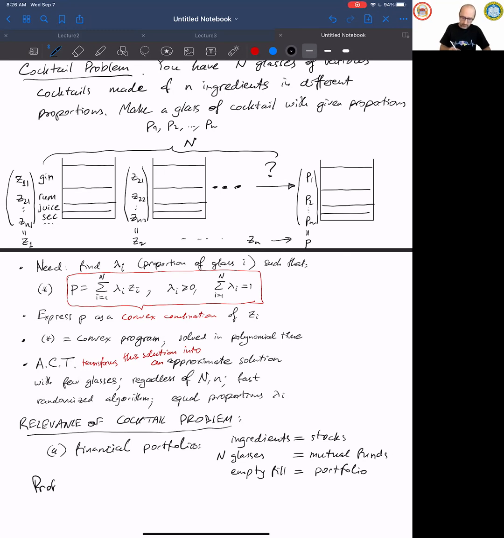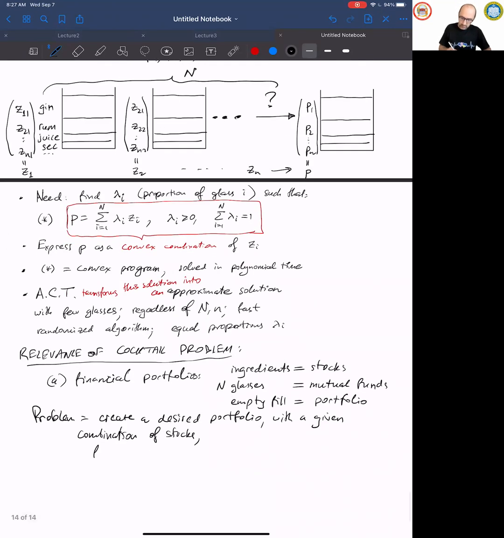So the equivalent version of the problem is to create a desired portfolio with a given combination of stocks from the available mutual funds.